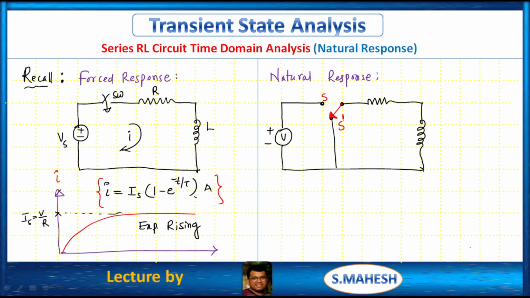When the switch position is from S to S dash, obviously this is the loop. We don't have any supply voltage. The circuit is de-energized. That is nothing but a natural response. This is R, this is L. That's it. This is the circuit for natural response.